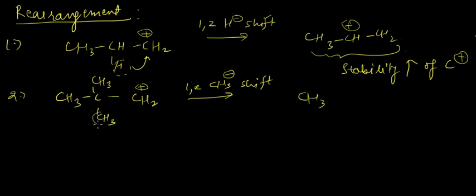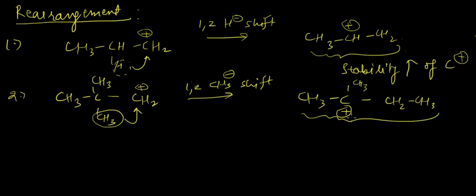This CH3 will leave as a CH3 minus group and will attach on this CH2 plus, forming a carbocation on this carbon atom. So CH3, C positive charge, CH3, CH2, CH3. This would be the result, and it's more stable than the previous one.